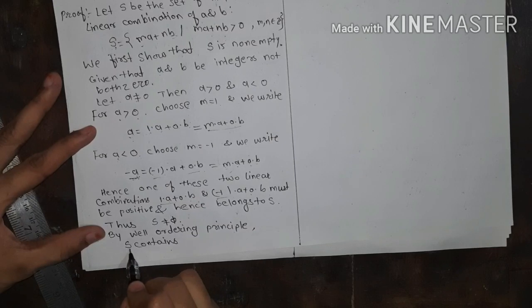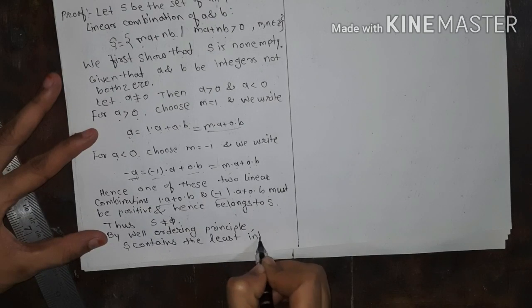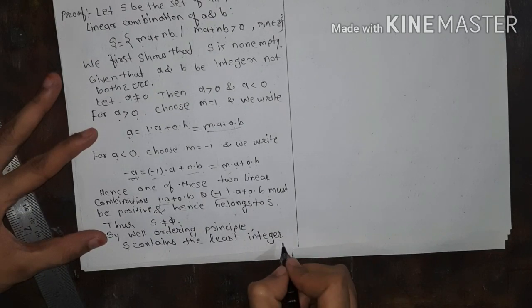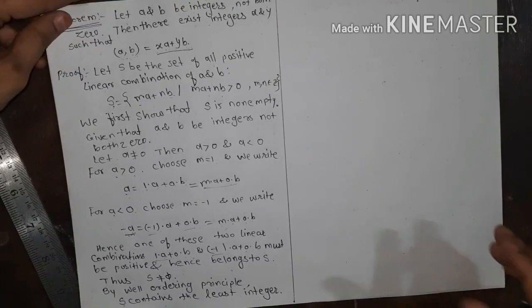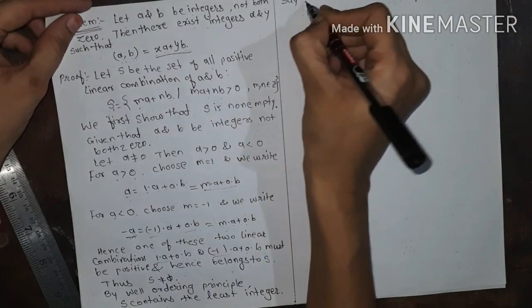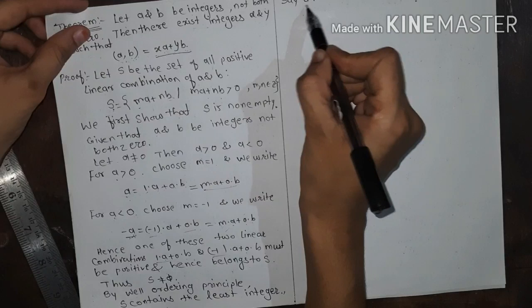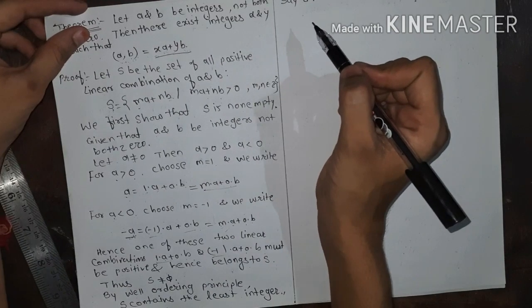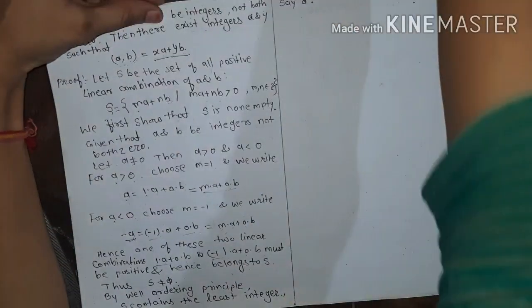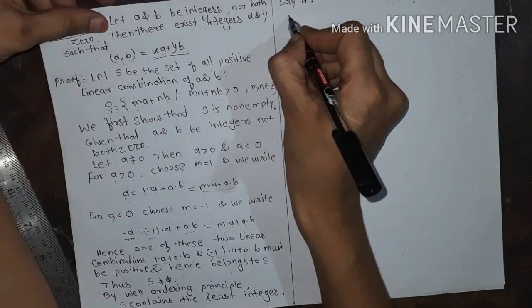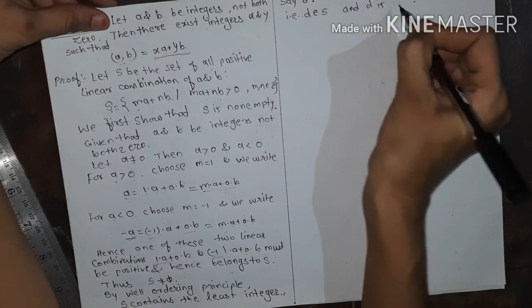Hence by the well ordering principle, S contains a least integer, and we suppose this least integer is D. That is, D belongs to S and D is the least integer.